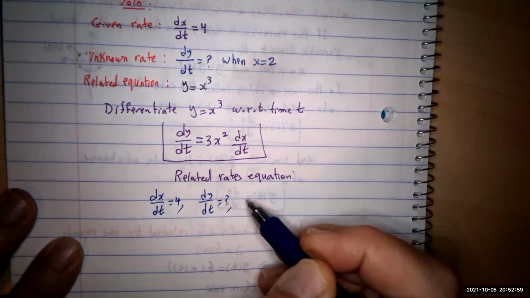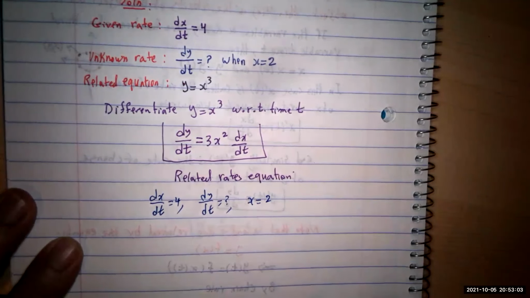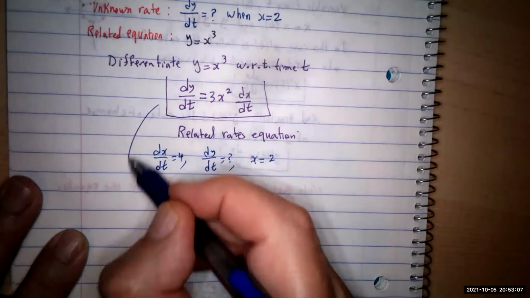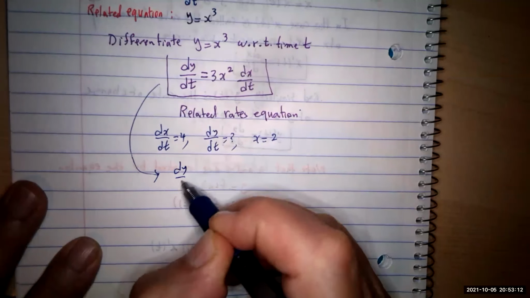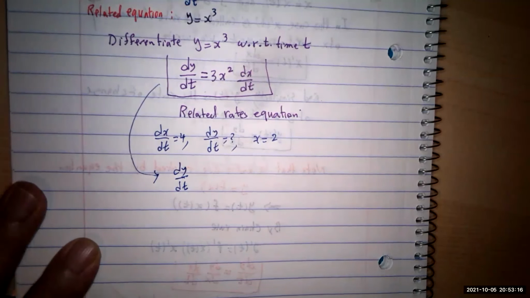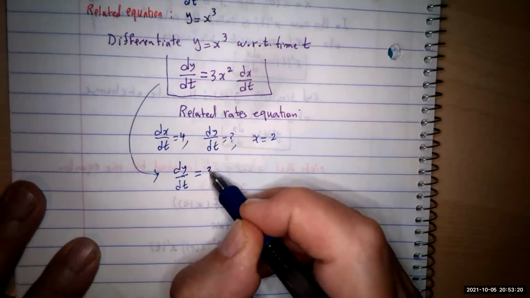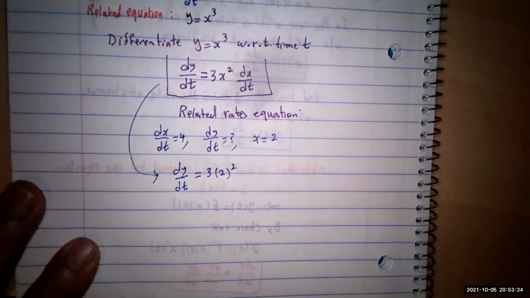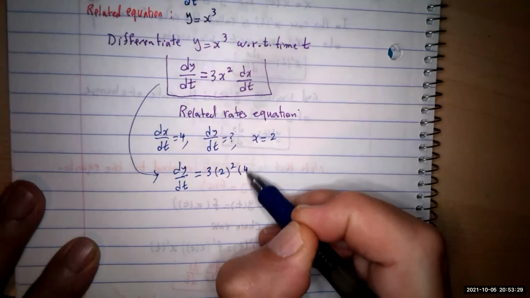dy/dt is the missing one. But you wanted it at what? At x equal to 2. Substitute. So dy/dt is going to be equal to 3x squared, 3 times your x, which is 2, squared, times dx/dt, which is 4, times 4.